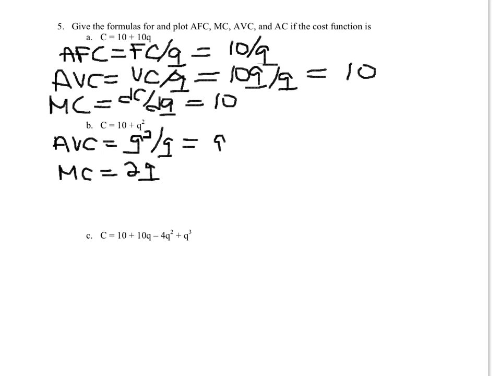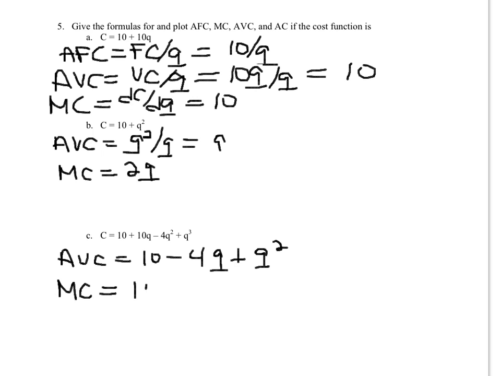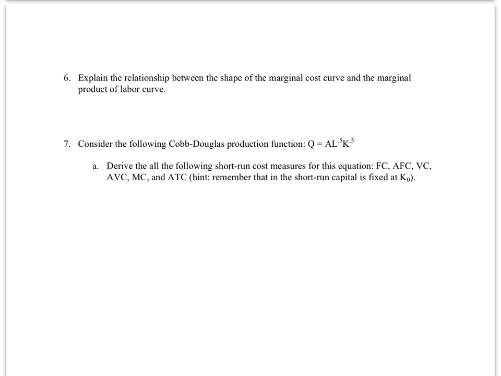In this one, average variable cost is going to be equal to 10 minus 4Q plus Q squared. Marginal cost is going to be equal to 10 minus 8Q plus 3Q squared. Right? So we've done this stuff a bunch of times, so the equations are not so hard. As long as you know the formulas, you should be all set.